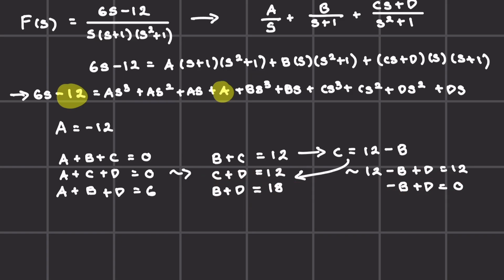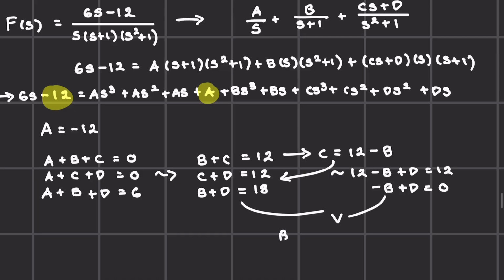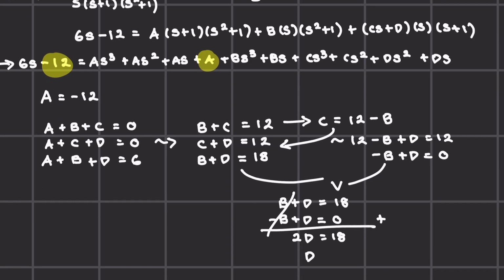Using elimination for both of these, we have B plus D equals 18 and negative B plus D equals 0, and we want to do elimination with addition. We cross out the B's: B plus negative B is 0, D plus D is 2D, and 18 plus 0 is 18. Therefore our D is 9, since 18 divided by 2 is 9.